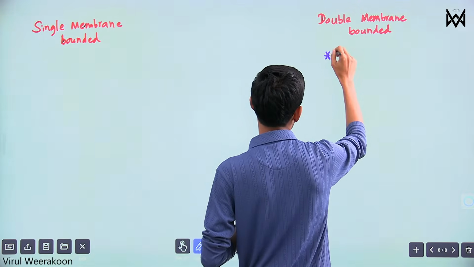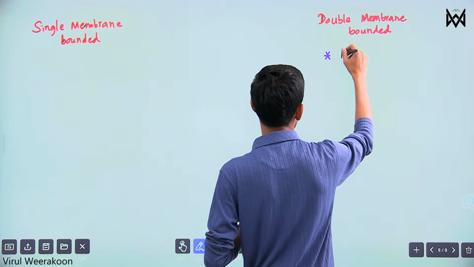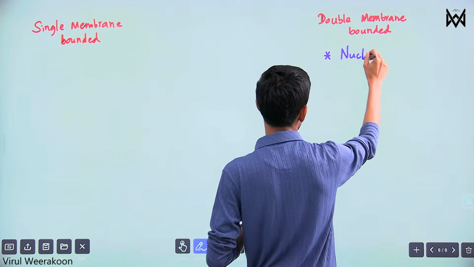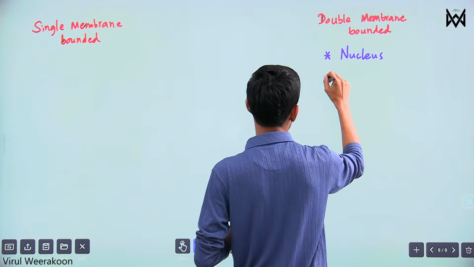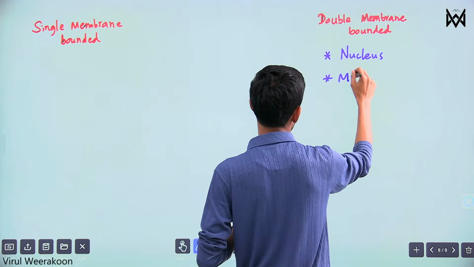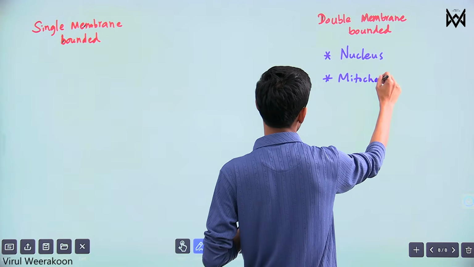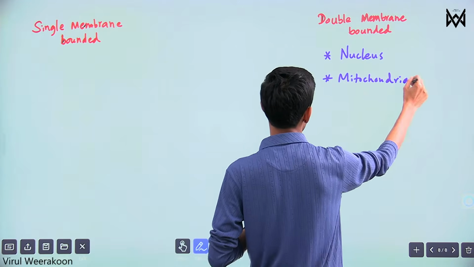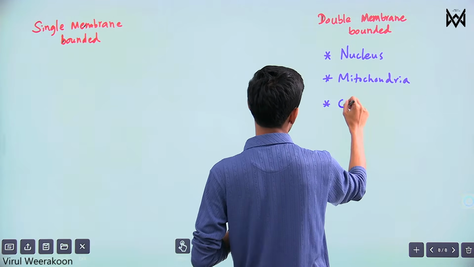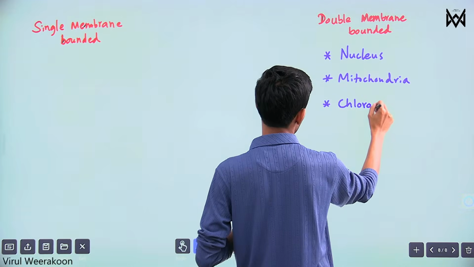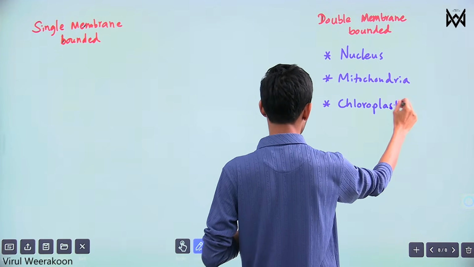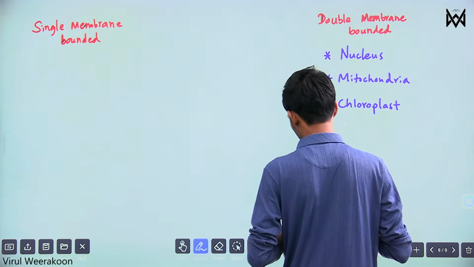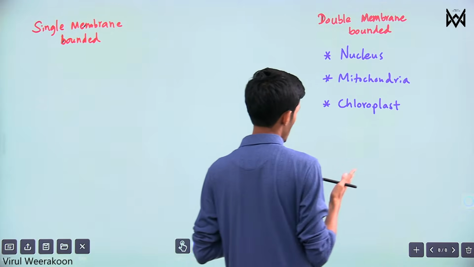There are only a few. First of all, we'll go with the nucleus. Then we have mitochondria and chloroplast.